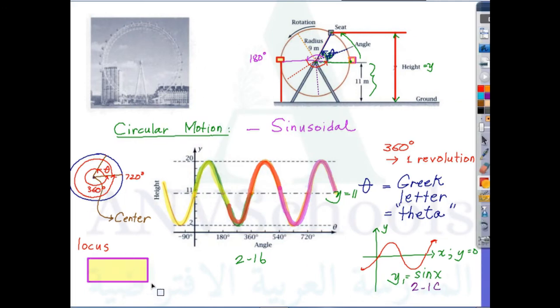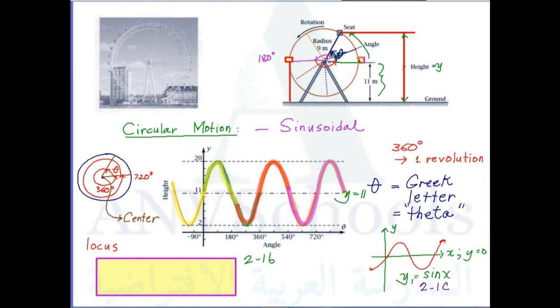Okay? So what are we going to do then? Because this is a translation, we have to make use of our skills in translating. So let's call this y2, and it is translated vertically upwards. There is no lateral translation, meaning we don't have a horizontal translation. All we have is a vertical translation, 11 units up, because our axis of symmetry changed to 11.